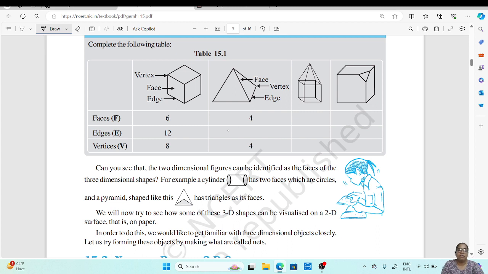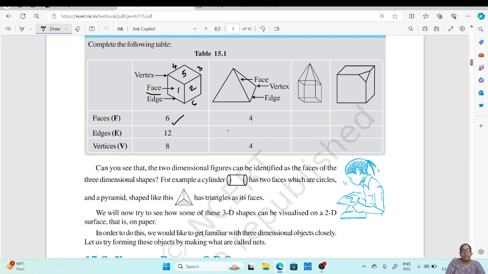Over here we can see the number of faces is 6. This is a cube and they say that it has 6 faces. So the cube has 6 faces, that is one face here, two, then three, here it is four, five, and the down one, six. So there are a total of 6 faces for a cube.